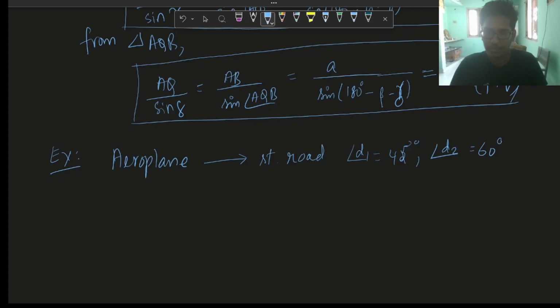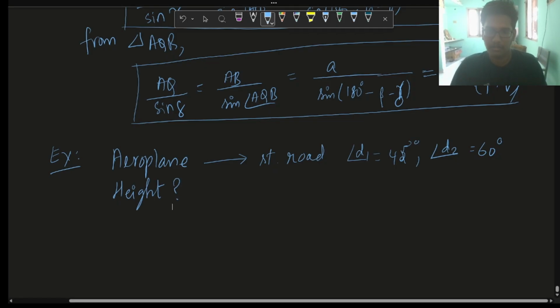Find the height of the aeroplane. So let's just solve this.